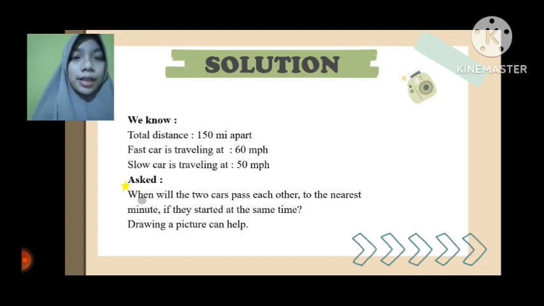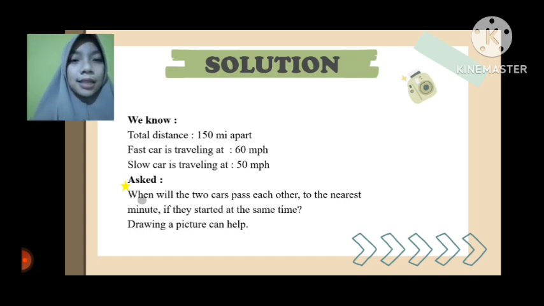The solution is, we know the total distance is 140 miles apart. The fast car is traveling at 60 miles per hour. The slow car is traveling at 50 miles per hour.